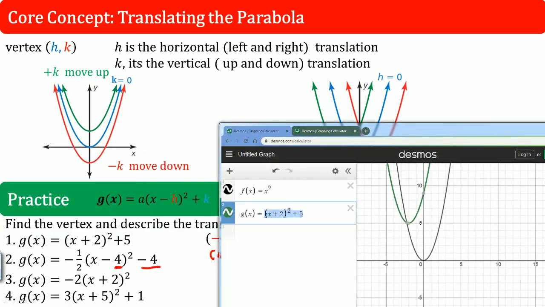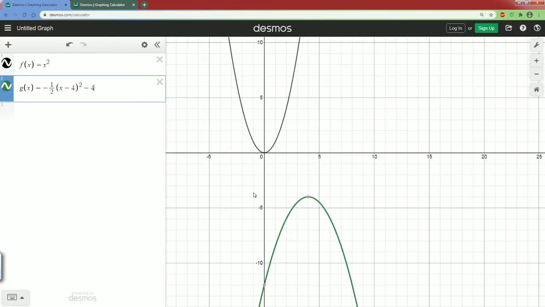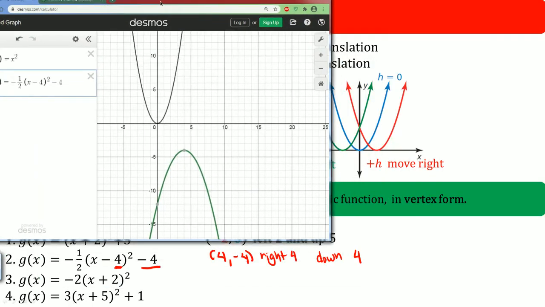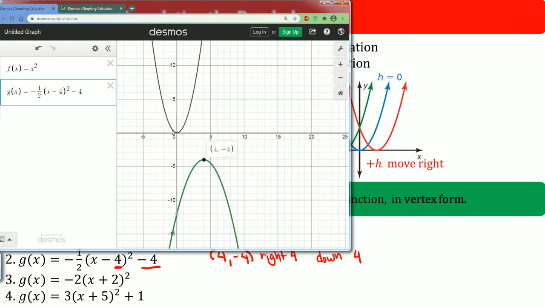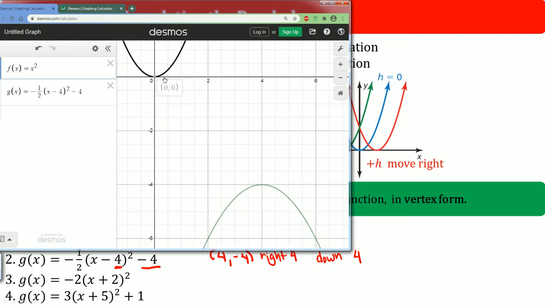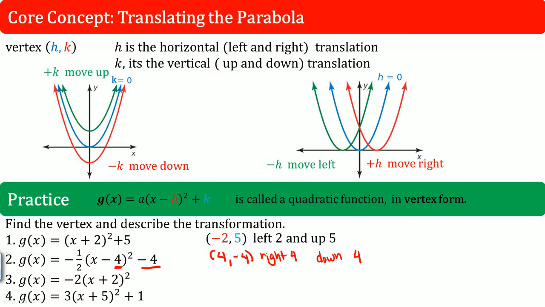Let's graph that. Negative 1/2 (x minus 4) squared minus 4. That is correct. Notice, was our analysis correct? Yes, because we went right 4, then we went down 4, exactly like we said. Good.